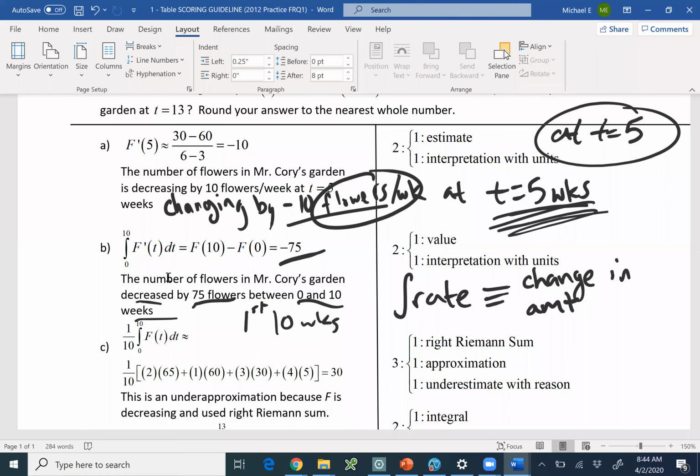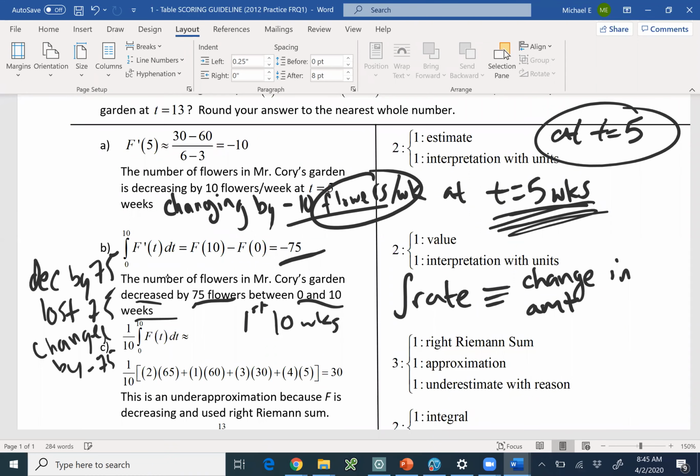No, that's fine. Any synonym for change, right? So you said that's the amount that Mr. Corey lost. That's the same as decrease. That's the same as changed, right? Like all of those words. Decreased by 75, lost 75, I think is what you said. Changed would have to be changed by negative 75.